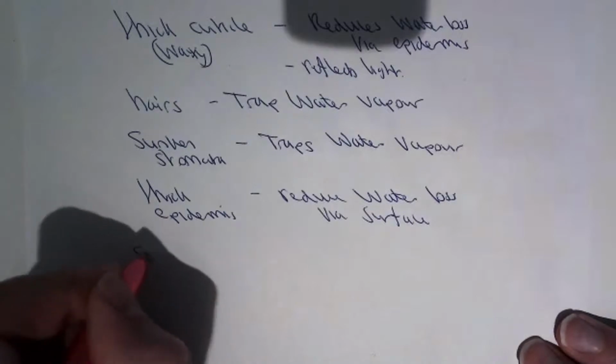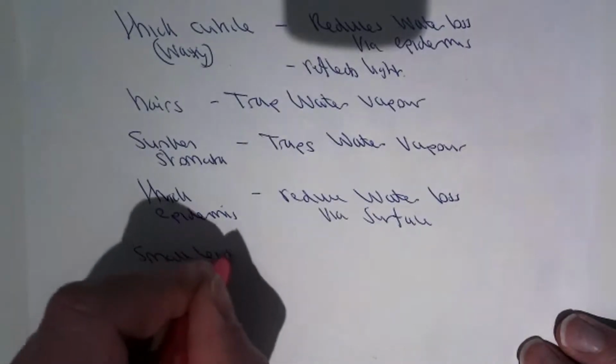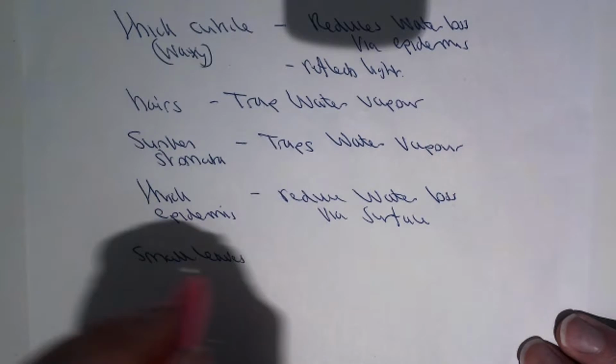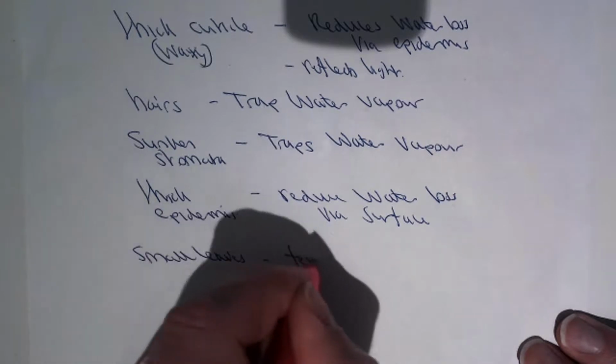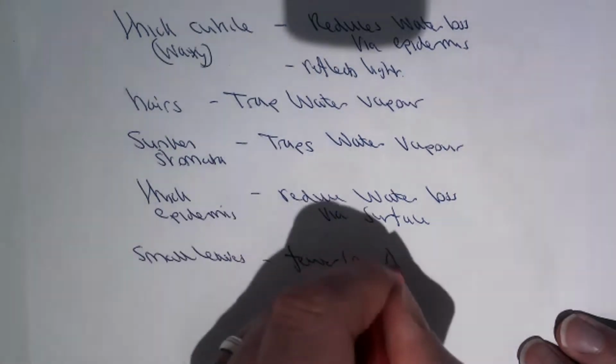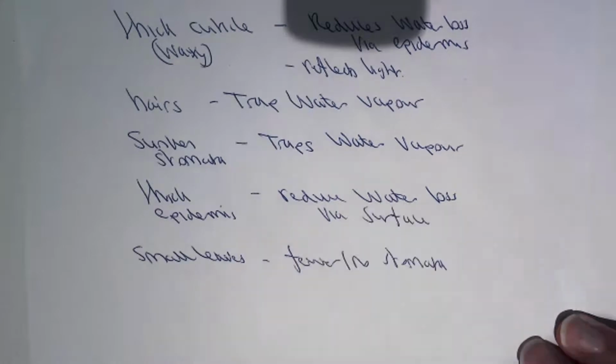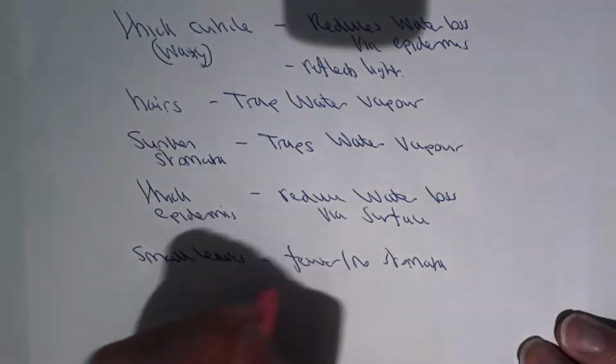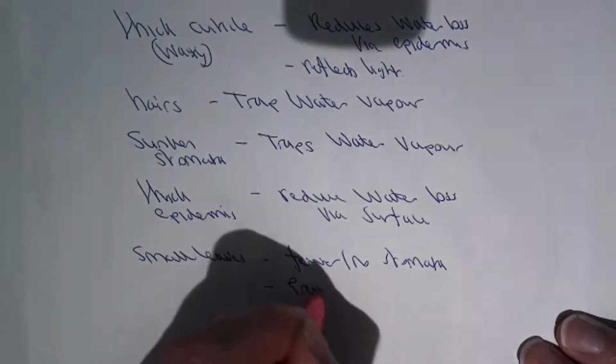They've got small leaves, usually rolled up into spines, and therefore they've got fewer or no stomata, and that's going to reduce water loss. You could also say the spines are to prevent them being eaten.